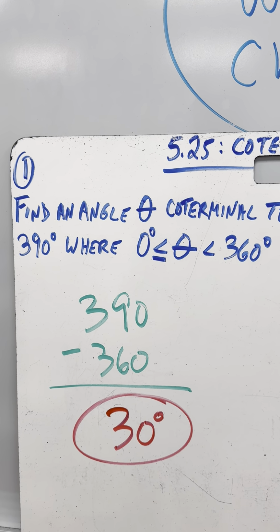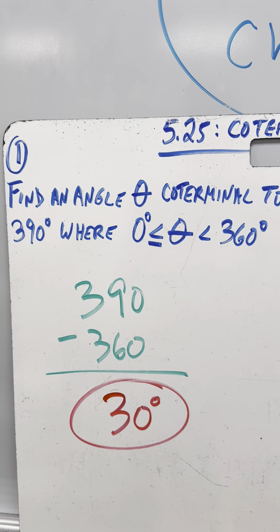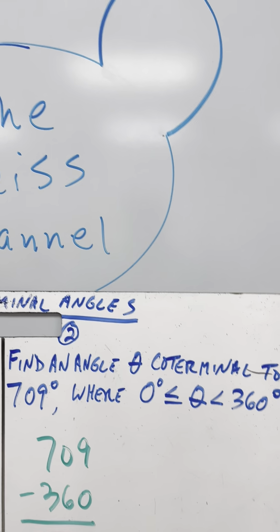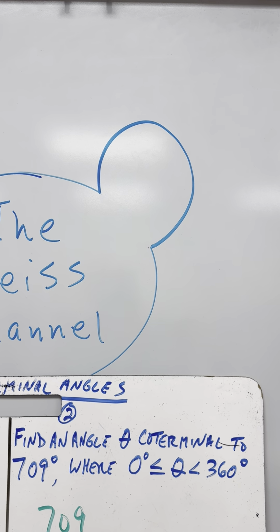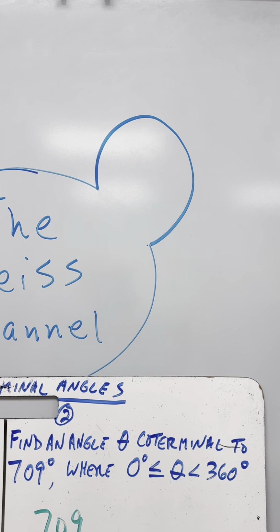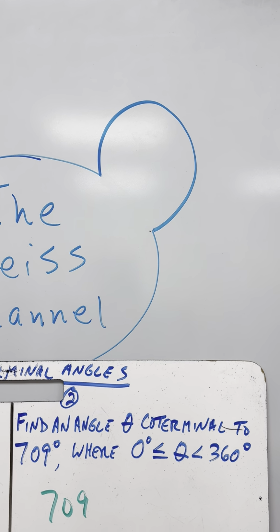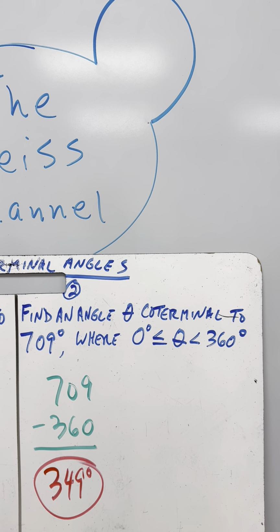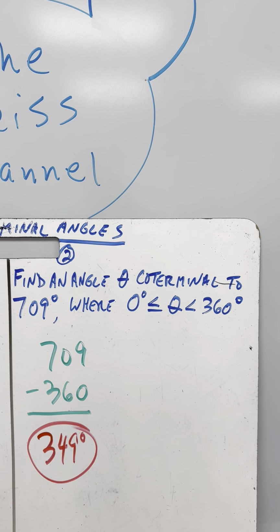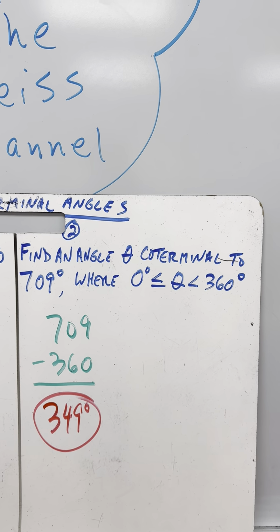There you go, that's it. Same thing here. Find an angle theta coterminal to 709, where theta is between 0 and 360. So take 709 minus 360, and you get 349. That's between 0 and 360, right?